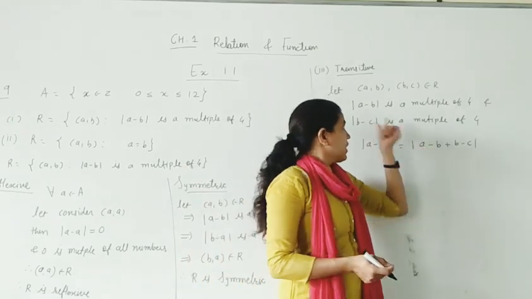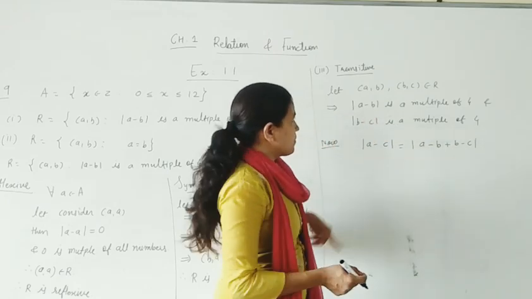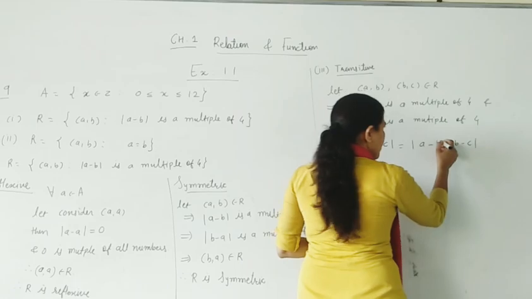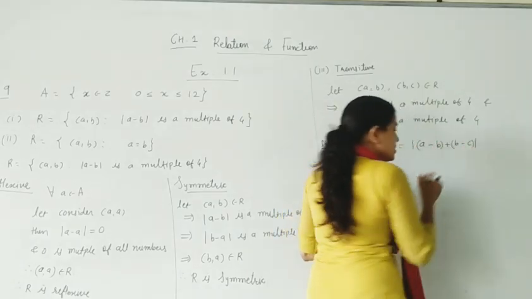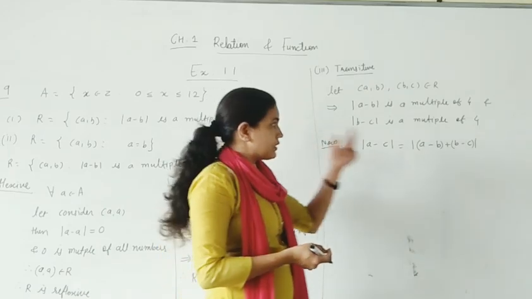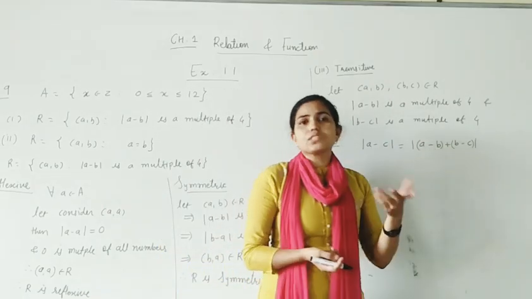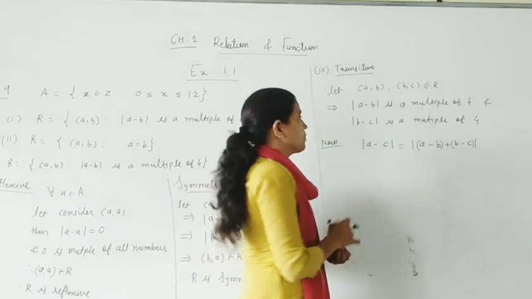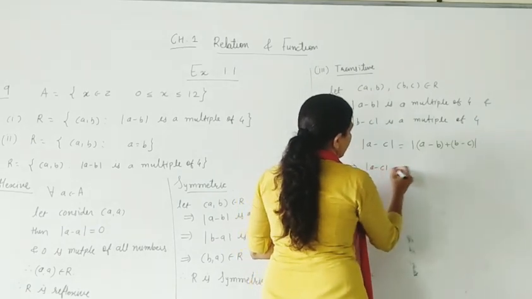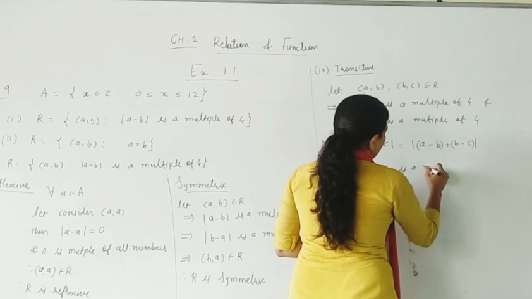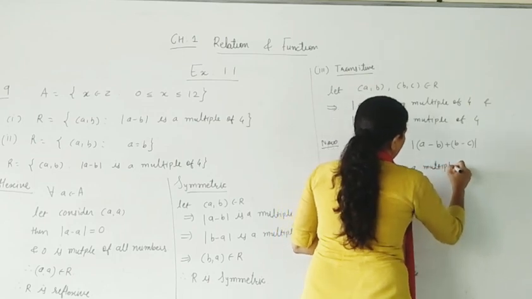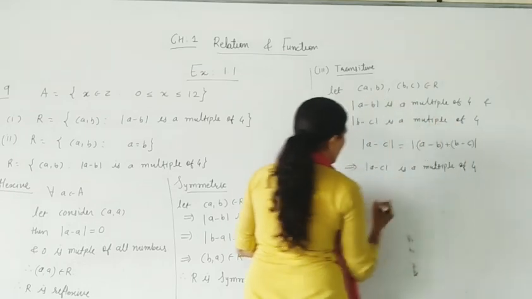So that means if a minus b and b minus c are multiples of 4, and if two numbers are multiples of 4, then the addition or the subtraction will give us a multiple of 4. So that will give that modulus of a minus c is a multiple of 4.